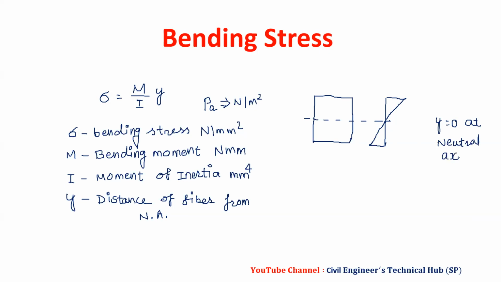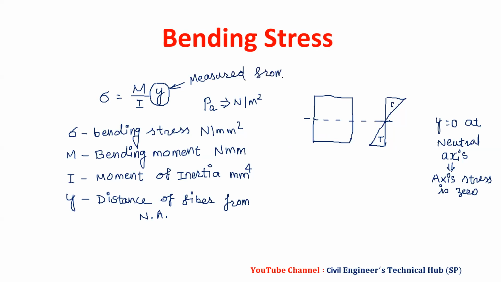It is the axis or plane where stress is 0. Above and below it we have compression or tension, opposite nature of stresses. It is the boundary which differentiates compressive and tensile stresses. So bending stress is always 0 at the neutral axis because y is always measured from the neutral axis.